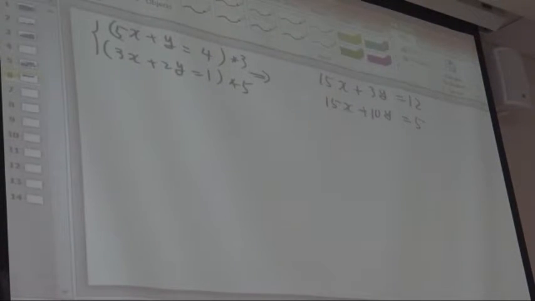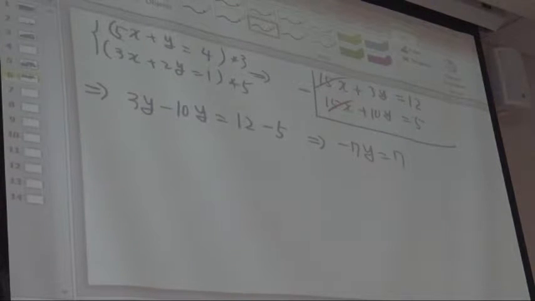Now we subtract. When you subtract, I'm not going to rewrite it as this minus this. We can just subtract. Subtract means we cancel the 15x terms, and we subtract 3y minus 10y. Then we have 12 minus 5, which gives negative 7y is equal to 7.